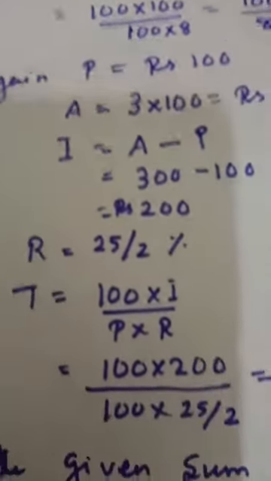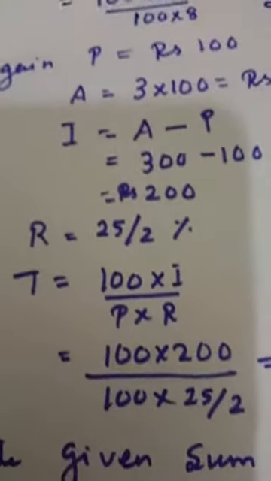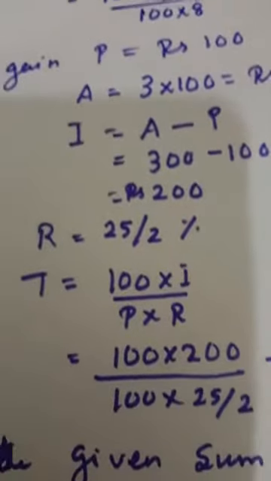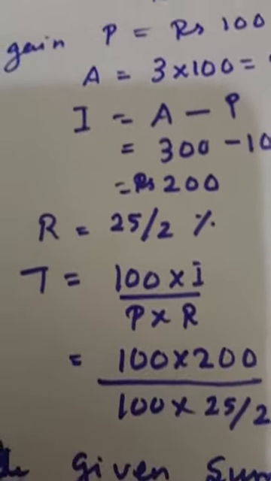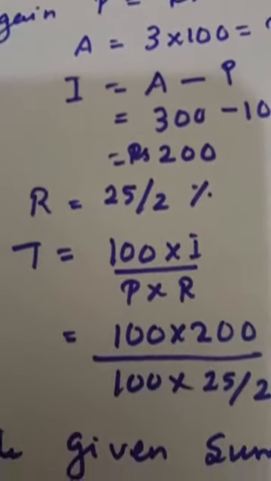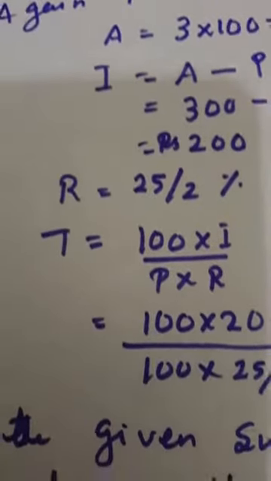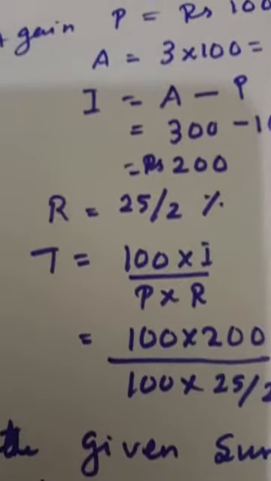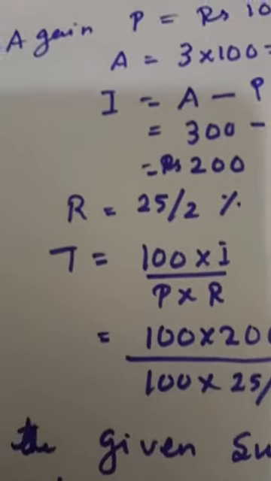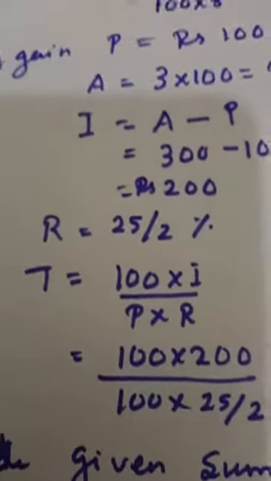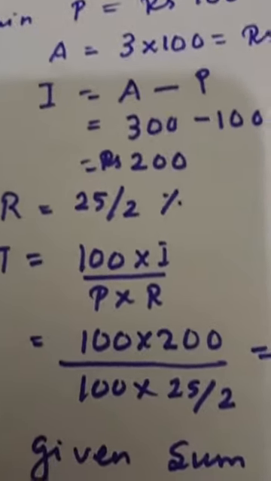Now the time period we want to find. The time period at which the amount becomes 3 times means A is equal to 300. If P is equal to 100, what is 100 into 3? 300. So T is equal to 100 into I by PR.